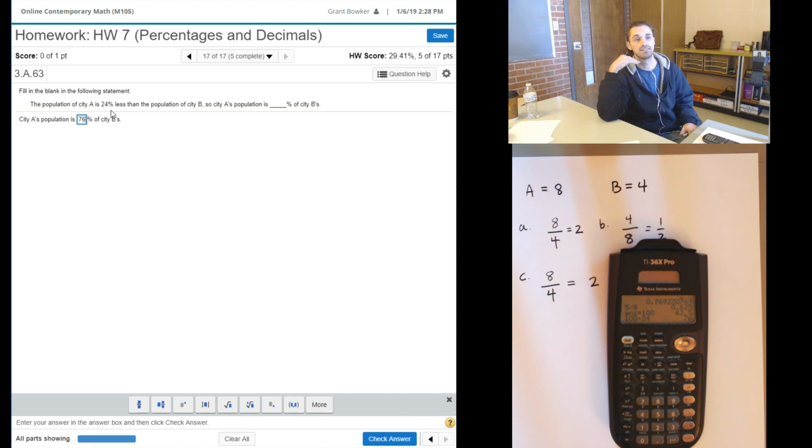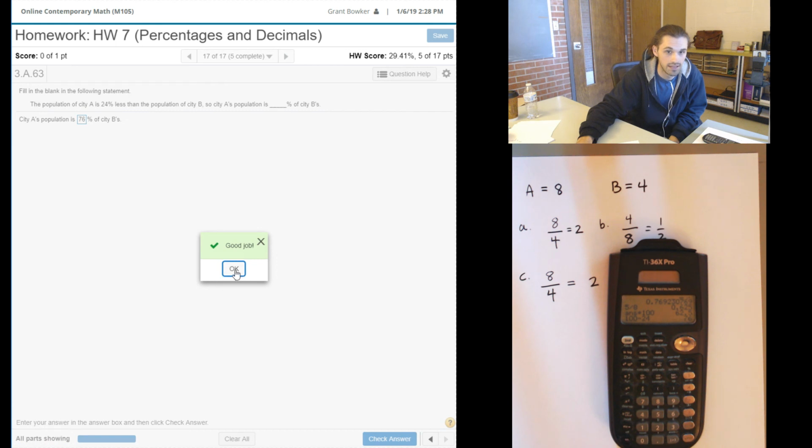If city A has 100% of the population of city B, that would say they're the same population. Saying 24% less is really saying population is 76% of. So 24% less means 76% of. So to get that, I simply took 100 minus the 24.